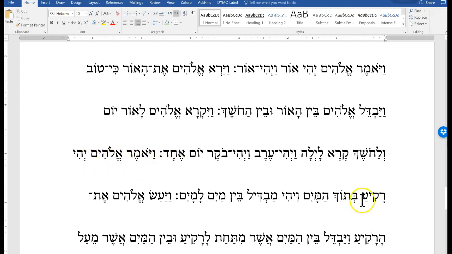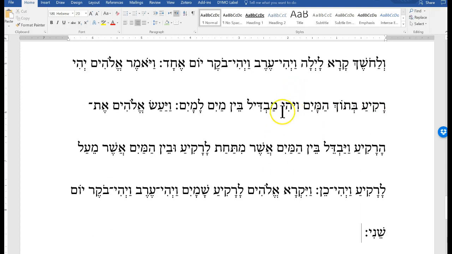And Elohim said, let there be a rakia in the midst of the waters, and let it be constantly causing a division between the waters to the waters. This implies that the rakia is touching both the upper waters and the lower waters. At least that's how John Marioka and John Walton take it, and that's how I take it too.